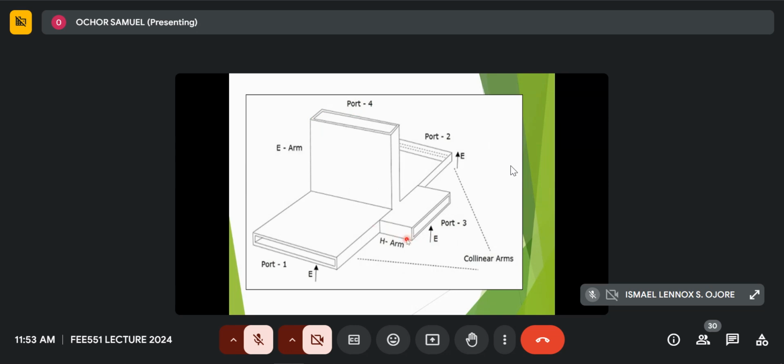Again, port 1 and port 2 are the main waveguide, which are collinear, and as I said, they go hand in hand. But in this case, you can use one port as the input, and the other one will not be used. But we are going to see that in a few minutes during the properties. Turn to the next slide.